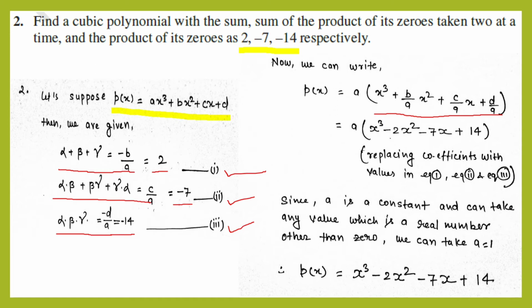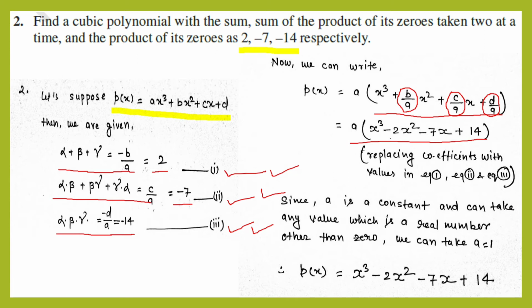Now we'll put the values of b by a from the equation 1, value of c by a from the equation 2, and value of d by a from the equation 3, and we will get something like this: a small braces open x cube minus 2x squared minus 7x plus 14.